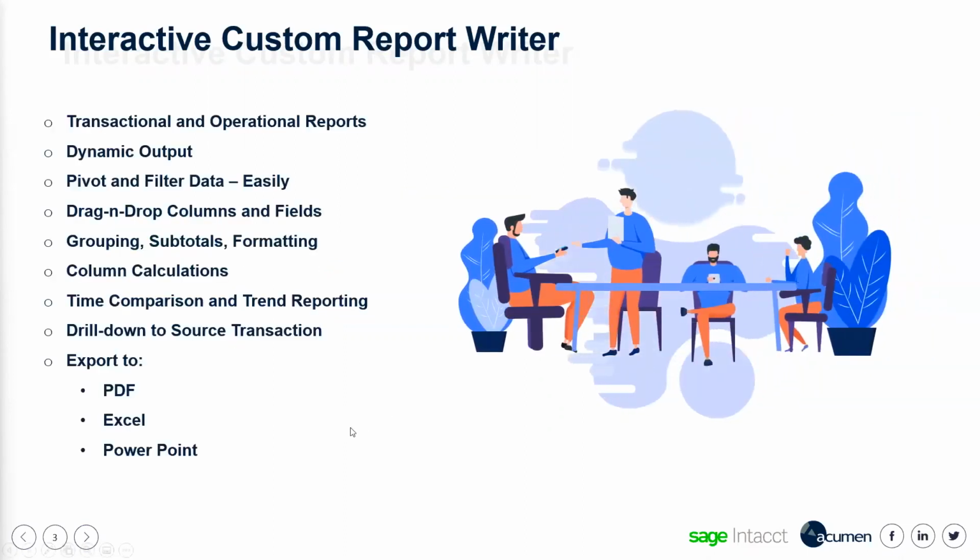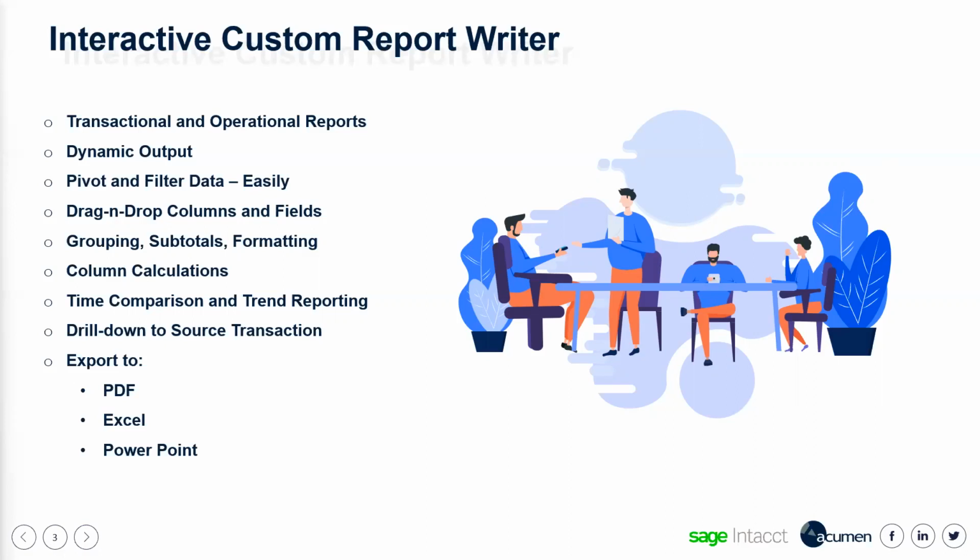Now, when would the Interactive Custom Report Writer be a good fit, right? Because you do have two very powerful report writing tools available to you as part of the core application, the Financial Reporter, of course, and the Custom Report Writer. I think this is a good fit when you might want to pull or write or generate transactional information.